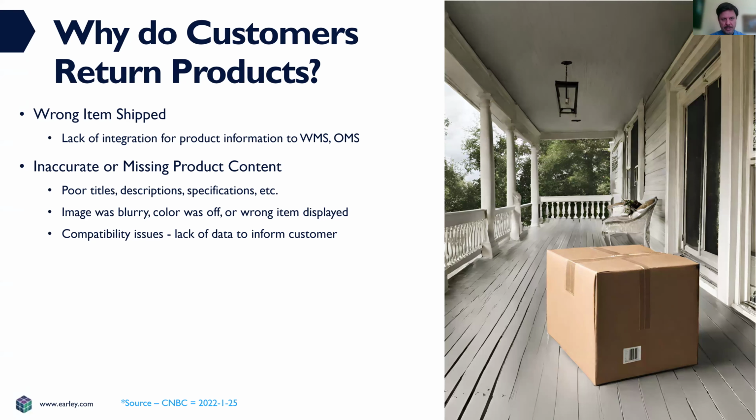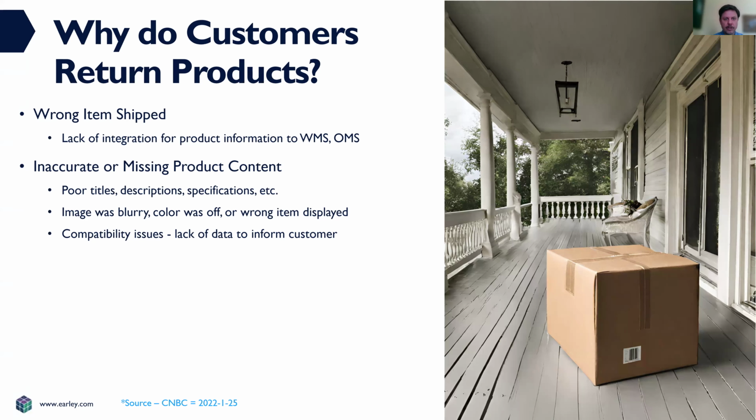And most organizations that we work with do not have a good handle on the accuracy rates of these different pieces of information. So most organizations can't tell you what their item misclassification rate is. Every organization has a misclassification rate, but most organizations can't tell you what it is. There's a huge difference between a 1% misclassification rate, which is actually pretty good, and a 3% misclassification rate, which is really bad.